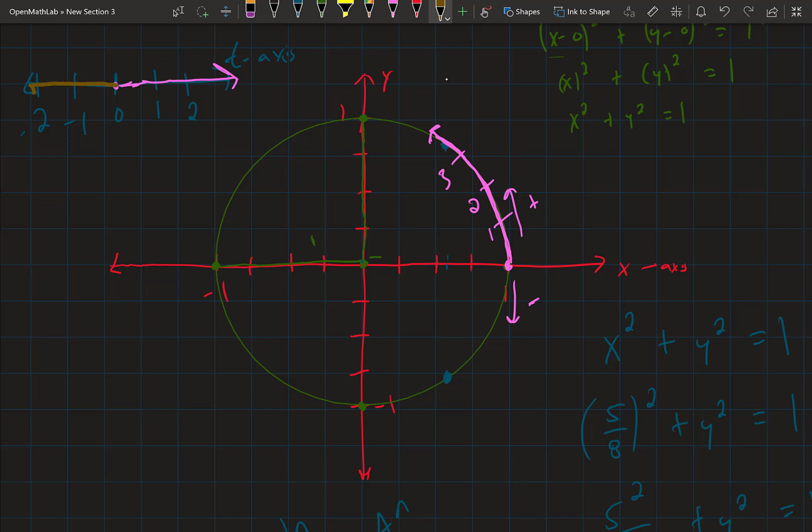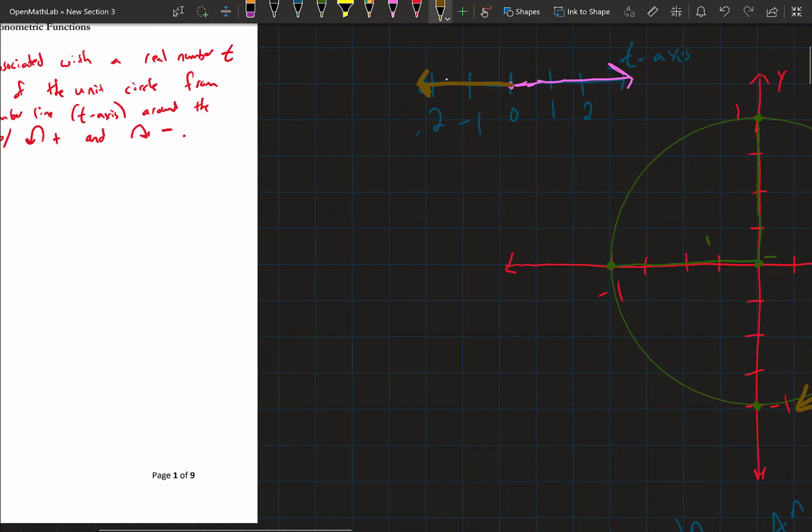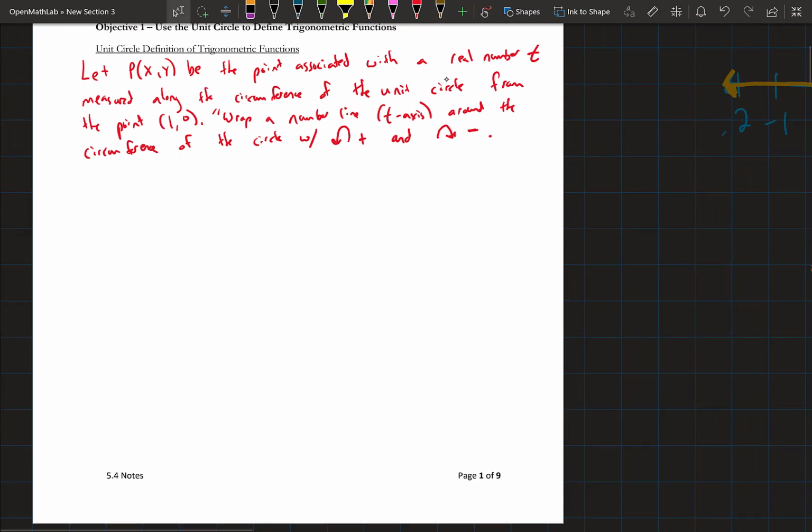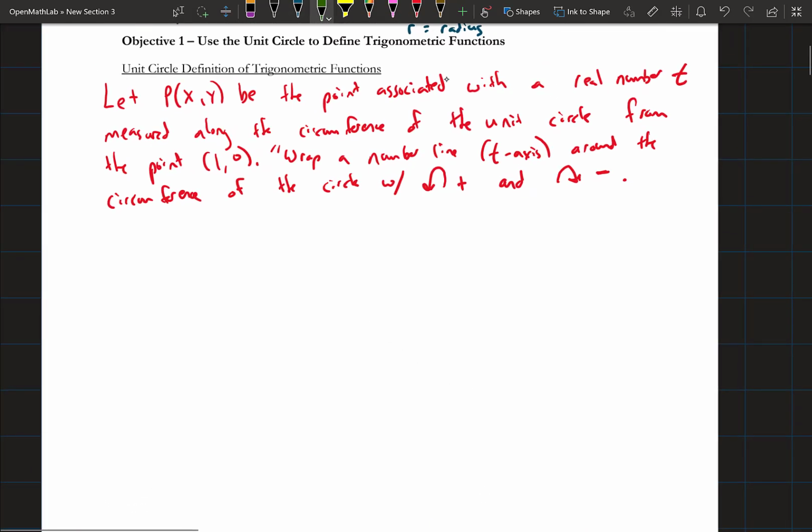So essentially this part of the graph is going to be here. Right, so this would be -1, -2, -3, and so forth. So that's essentially what that whole paragraph is introducing. We have the unit circle, and we just have this t-axis on here. Right, so then let me write a couple more things. So let me draw this diagram in.